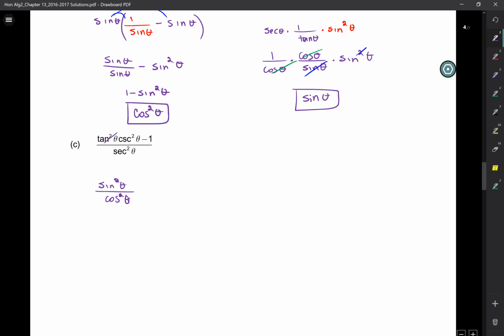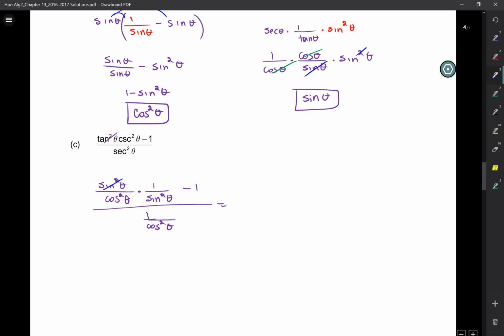Now, what's cosecant squared theta? 1 over sine squared theta minus 1 over, what's secant squared? 1 over cosine squared theta equals. Now, what can I get rid of here?